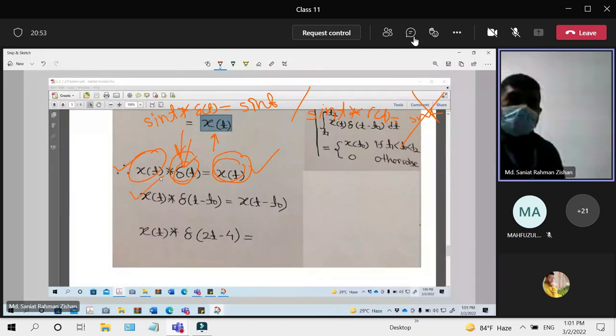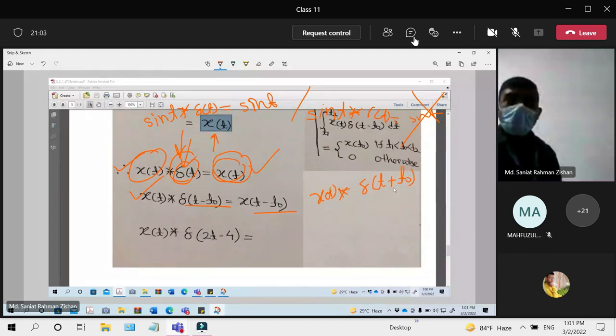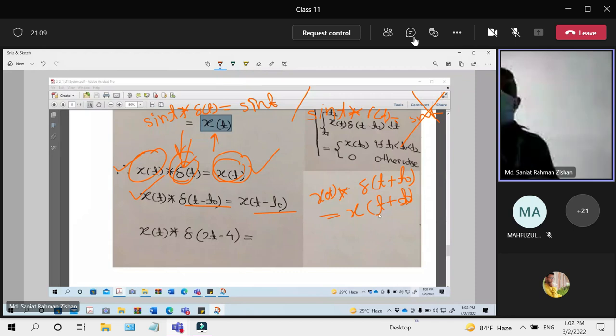Similarly, xt convolution del t minus t naught will become xt minus t naught. Or if I say xt convolution del t plus t naught, it will become xt plus t naught. But where do we make mistakes? If I write xt convolution del 2t minus 4, then you cannot say the answer is x 2t minus 4.